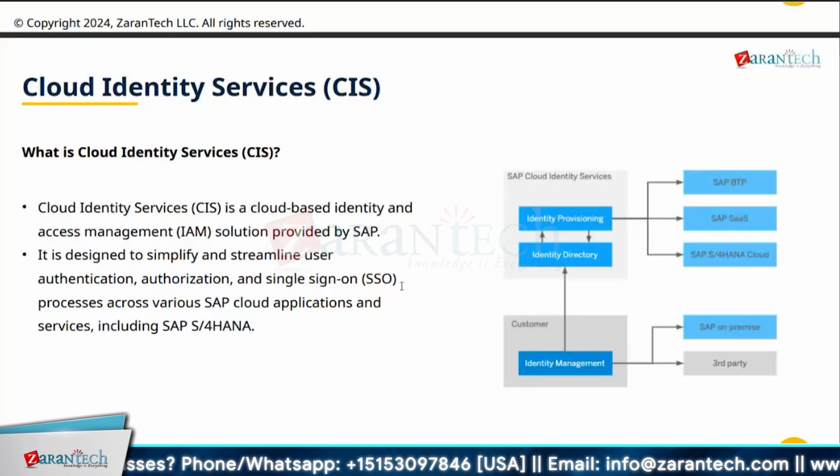You have your SSO capabilities as well, which are provided in it. Overall, this assists your entire BTP security in a very efficient way, and it automates a lot of things which otherwise we would have needed to do manually by going into every application.